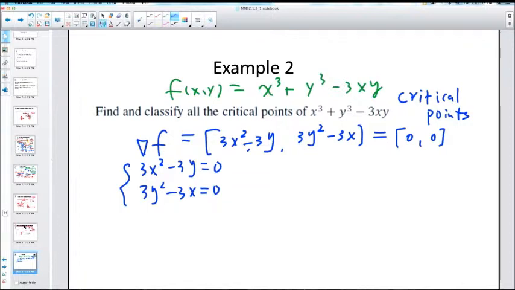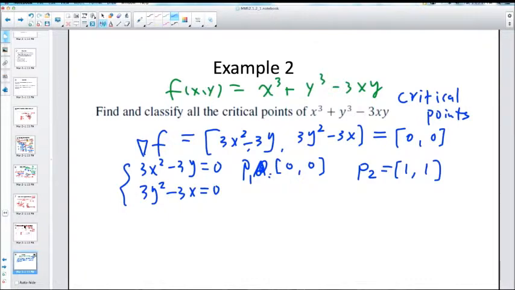You only get two solutions. Either 0, 0, let me call this point P1. And P2 is going to be 1 and 1. You plug it in. See, 0 equals 0, that's good for both. And 1 is good for both.